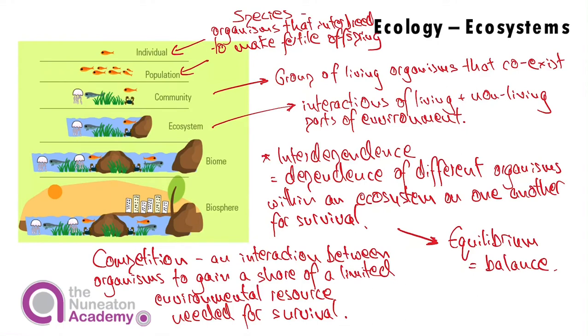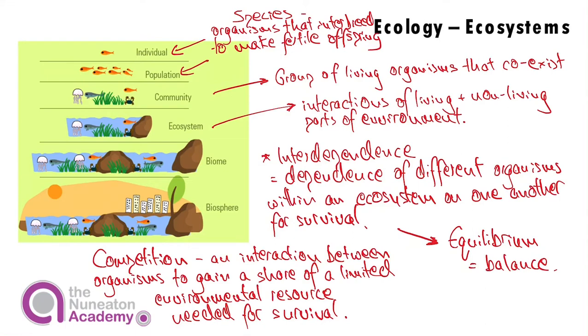Now, when you have a state of interdependence that is stable and works, we often say that an ecosystem is at equilibrium, or it's balanced.